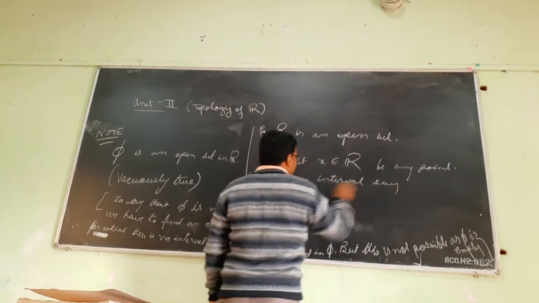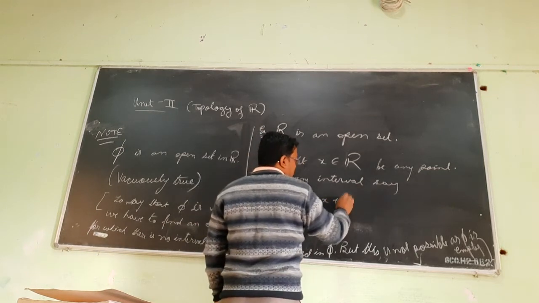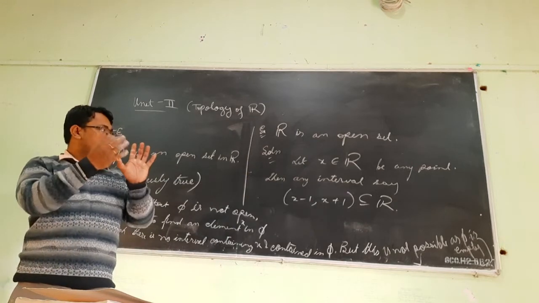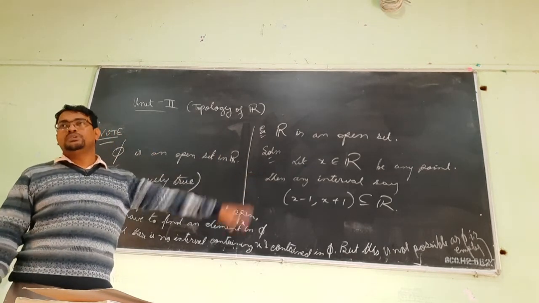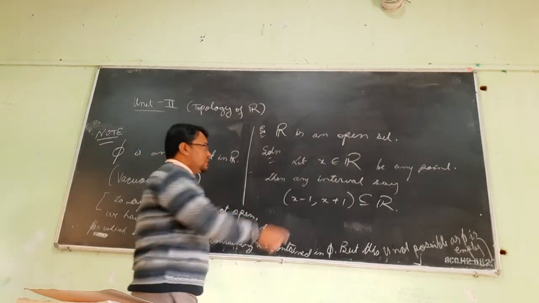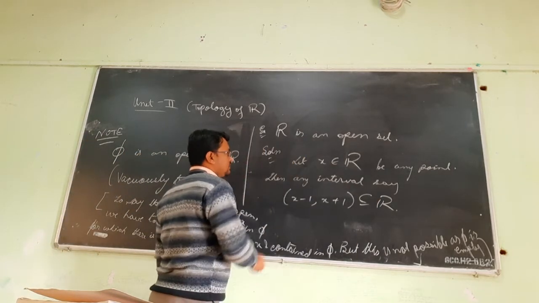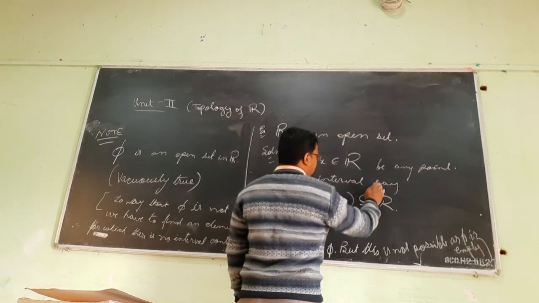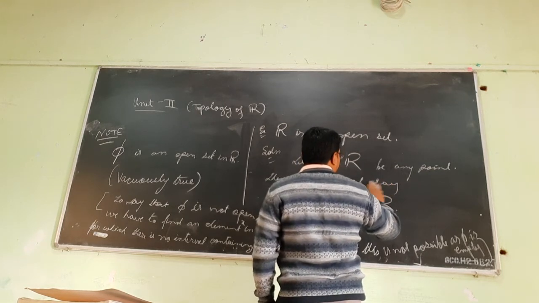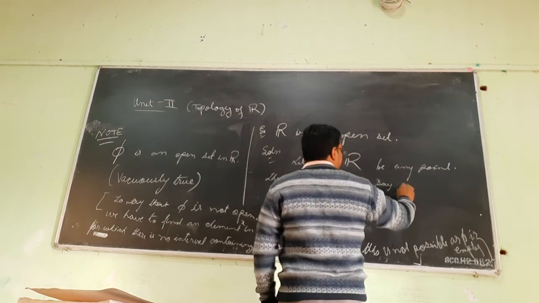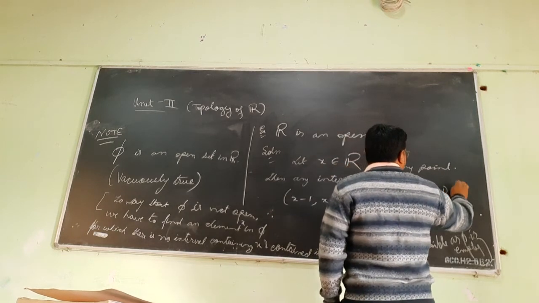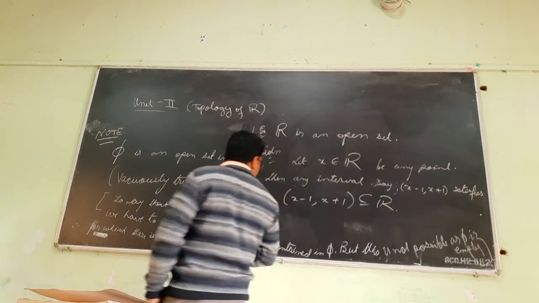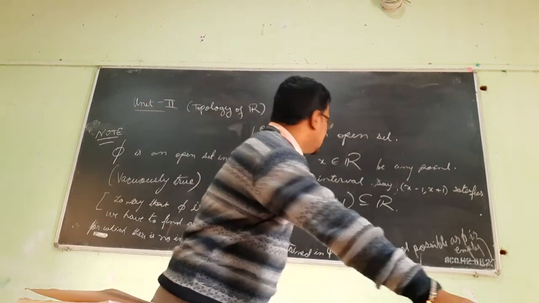say x minus 1 to x plus 1. Okay. This is always a subset of R, because R is the universal set here. So whatever interval you take, by definition it is a subset of R. So therefore x minus 1 to x plus 1 satisfies this, it is a subset of R. Okay.